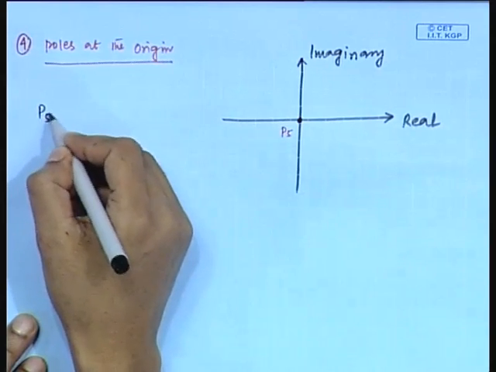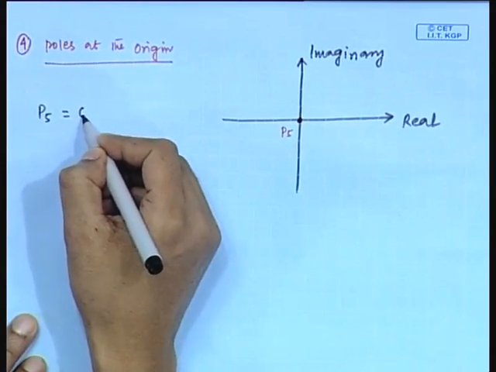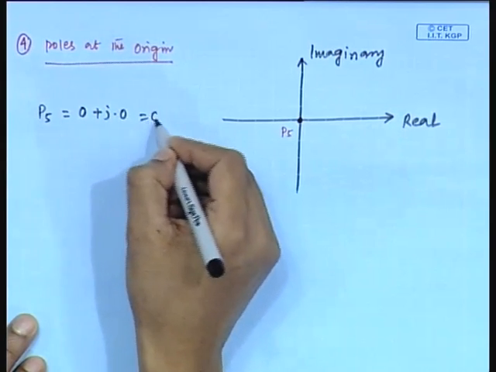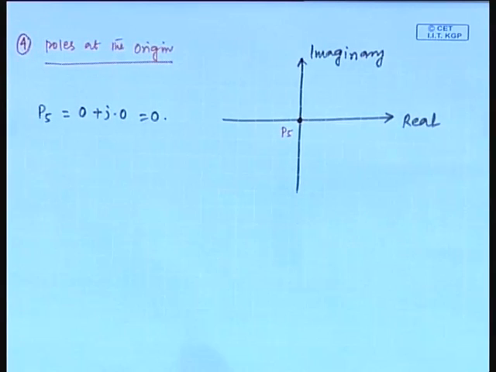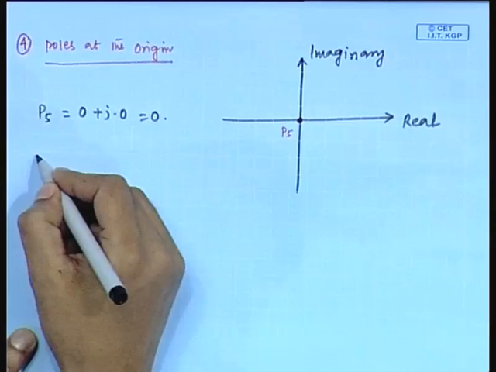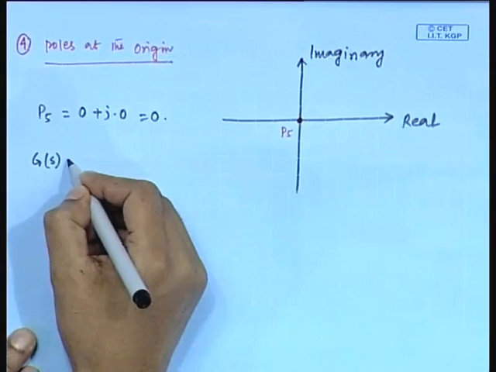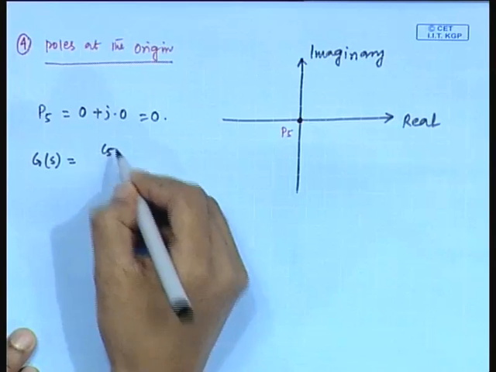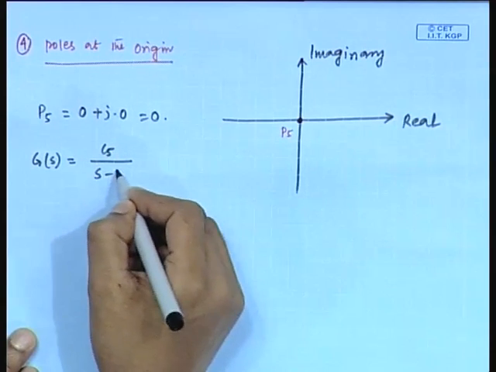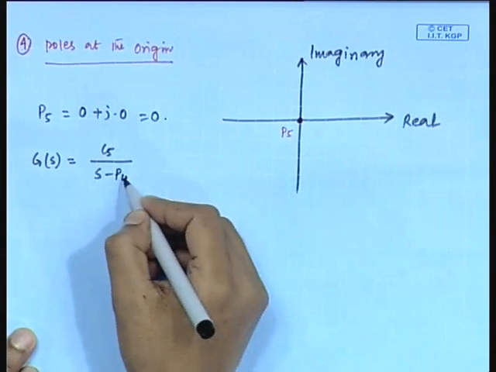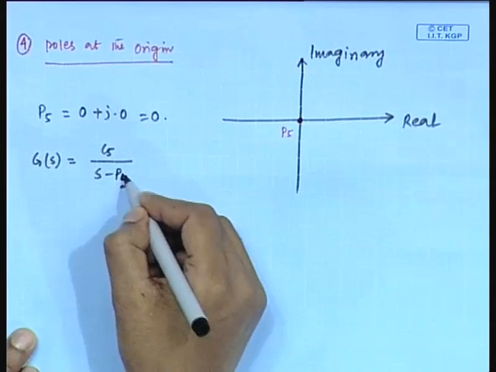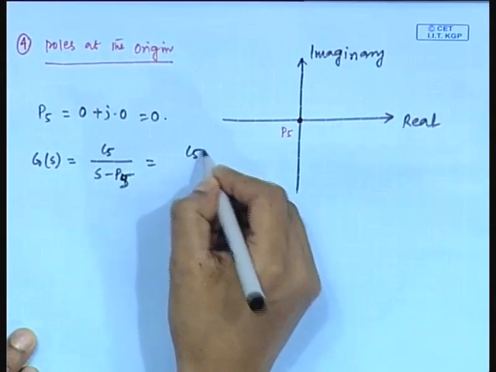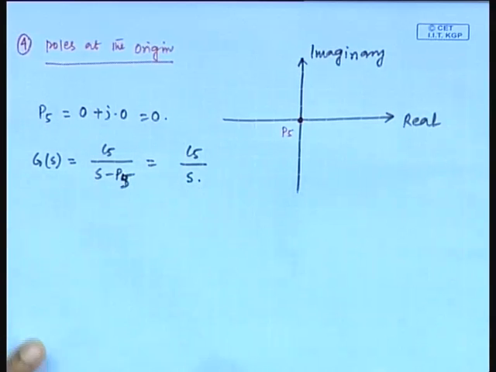That means P5 equal to 0. Then transfer function G(s) reduces to C5 divided by (s minus P5), this is P5, equal to C5 divided by s.